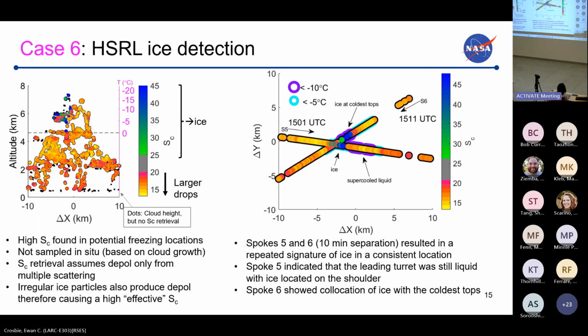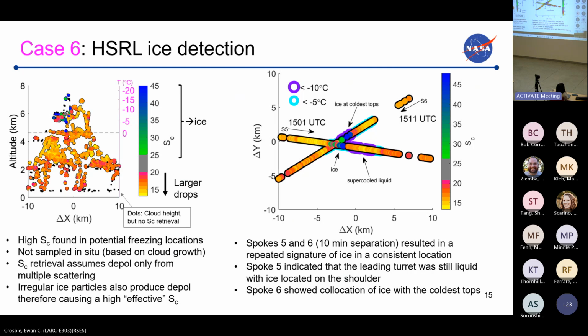Last thing to talk about is ice. We didn't have ice in any of the cases other than case 6. The Falcon didn't see it, just as a result of starting before the cloud grew to the point where it formed ice. The LiDAR ratio is also useful for identifying ice. Once the LiDAR ratio is above about 25, that's not physically explainable by liquid drops.